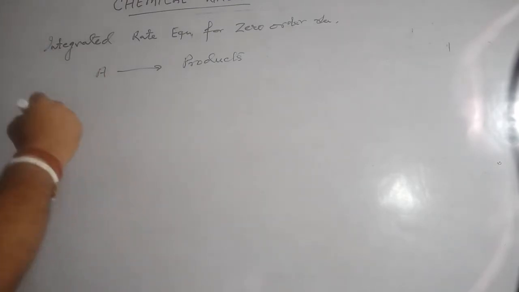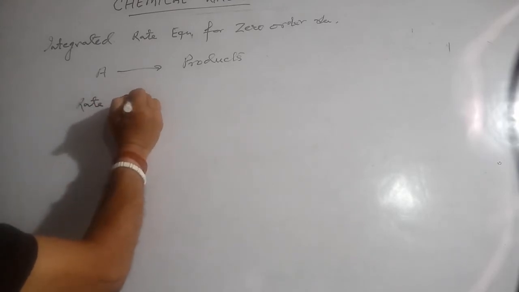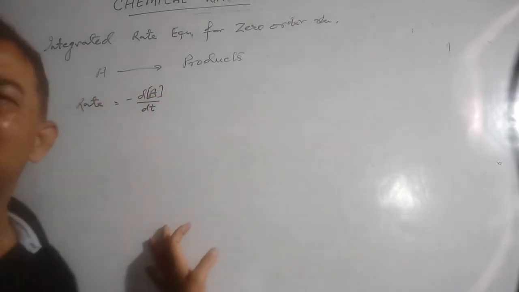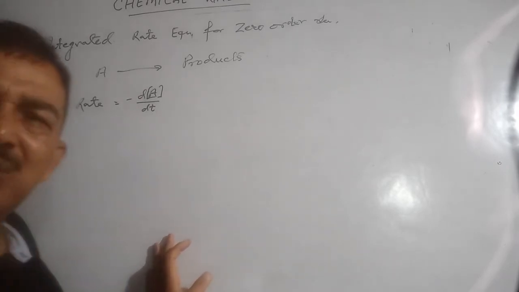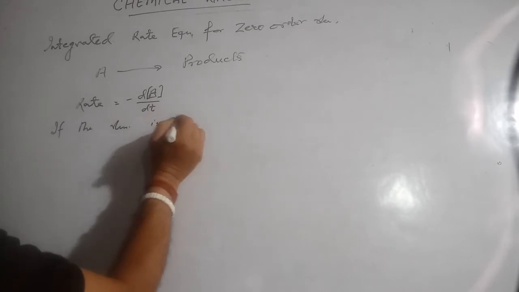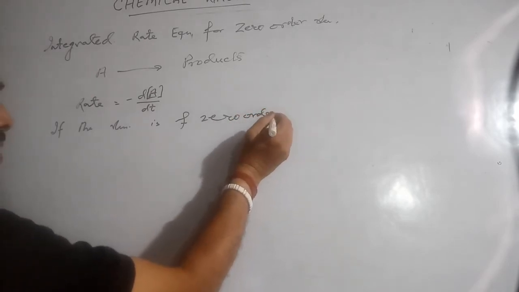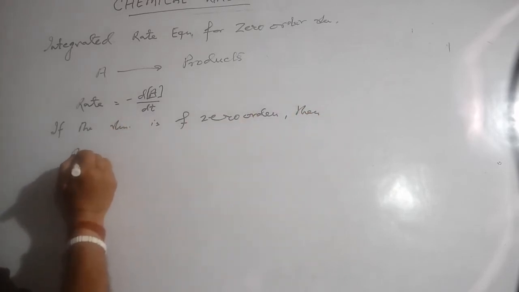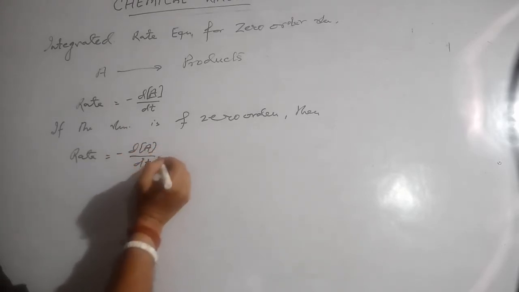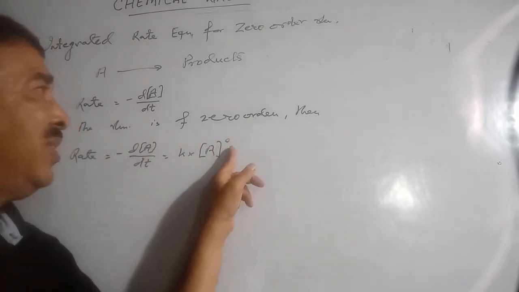Then the reaction rate is equal to minus del A by del T. And if the reaction is of zero order, then the reaction rate, minus del A by del T, is equal to K into molar concentration of A to the power 0, where 0 is the order of the reaction.